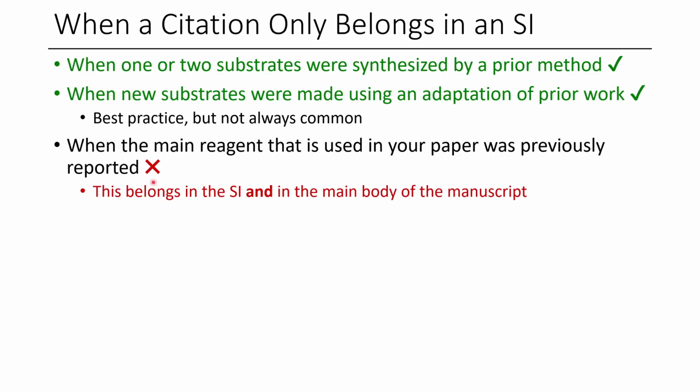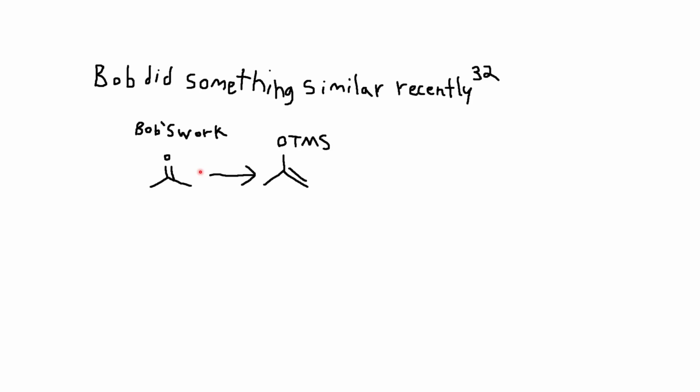And so I think this is important to highlight for the editors of certain journals that have already been mentioned, because maybe referencing a reagent only in your SI, but talking about how useful it is in your whole paper, is a little bit hypocritical, don't you think? If you disagree with me, let me know down below.